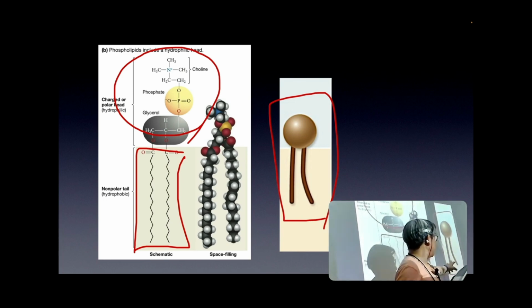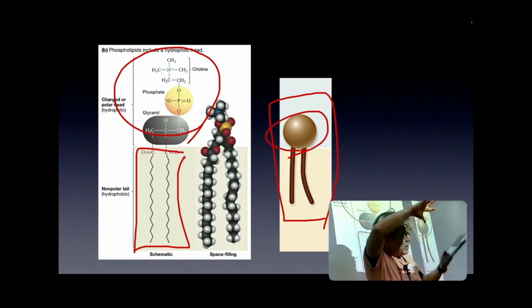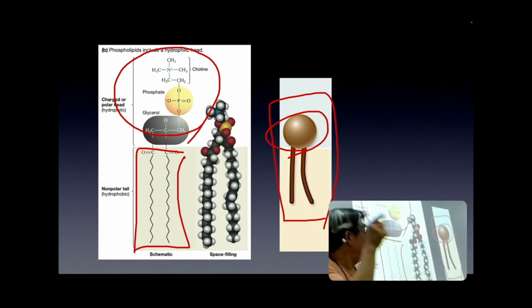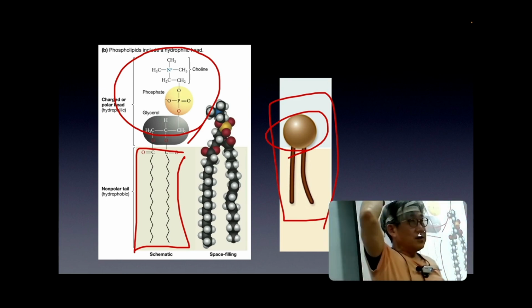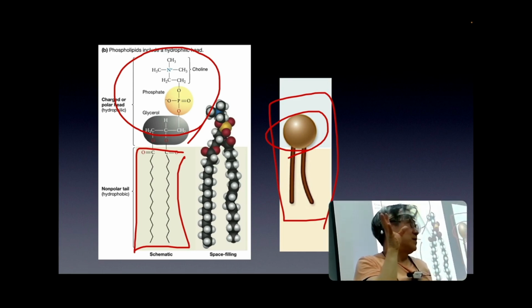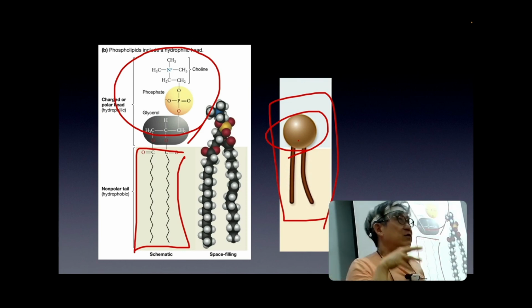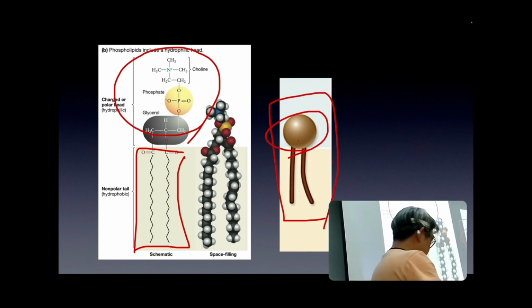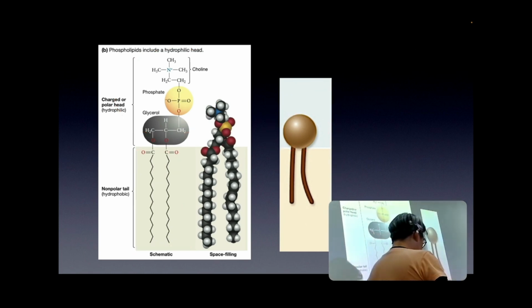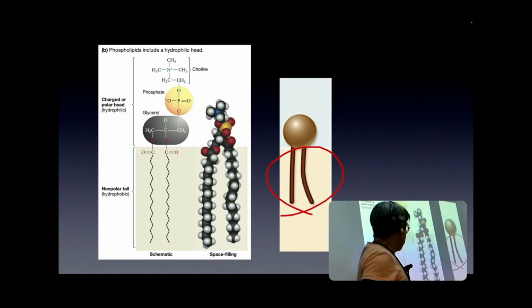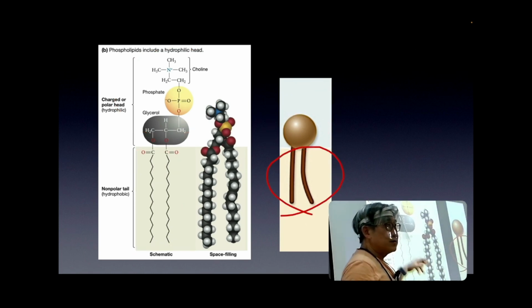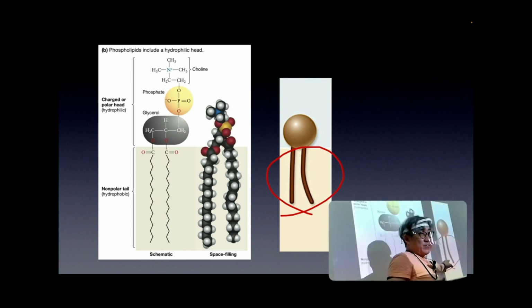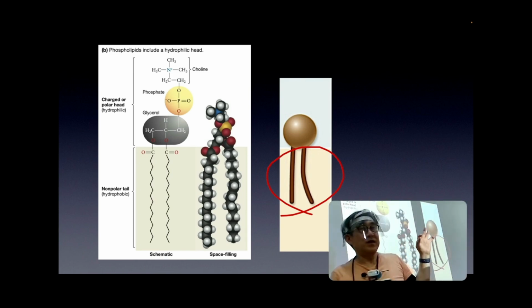So this is the structure of a phospholipid where the round head represents this phosphate-containing hydrophilic group. So we call this a hydrophilic head. And this area, on the other hand, is the fatty acid chain, hydrophobic, so we usually refer to it as a hydrophobic tail.